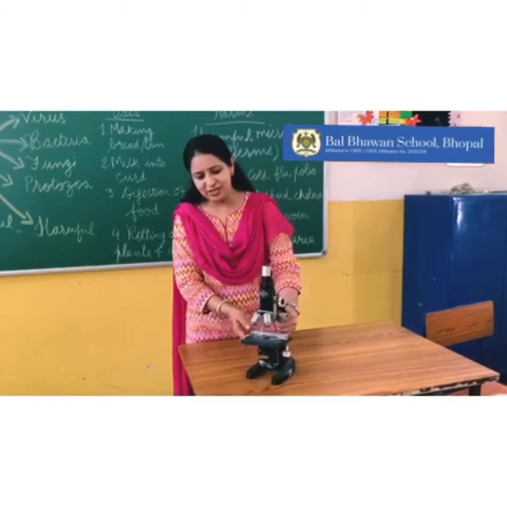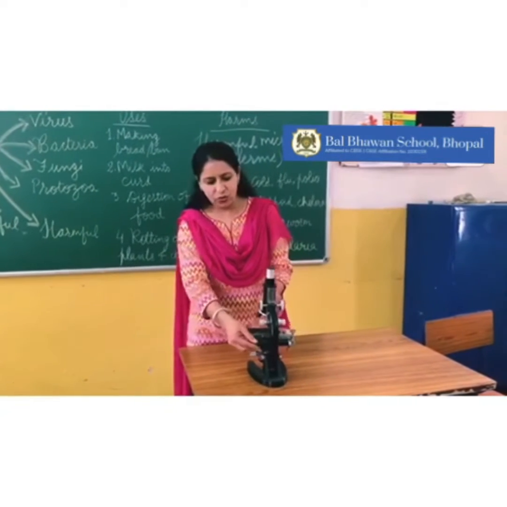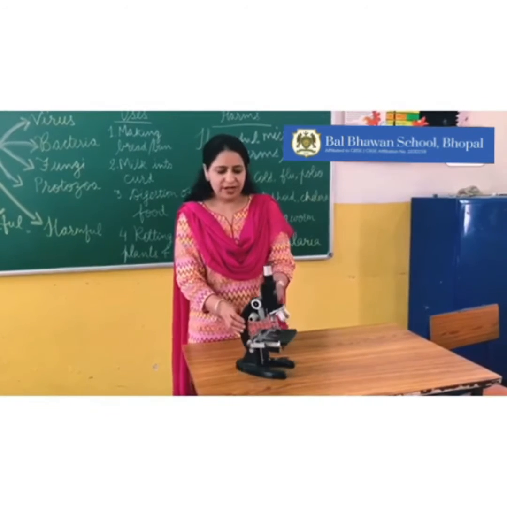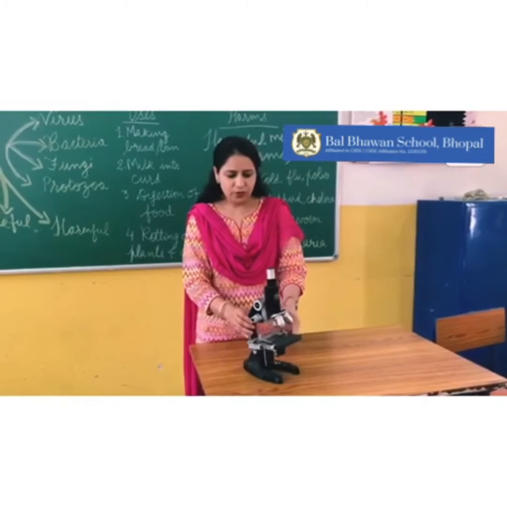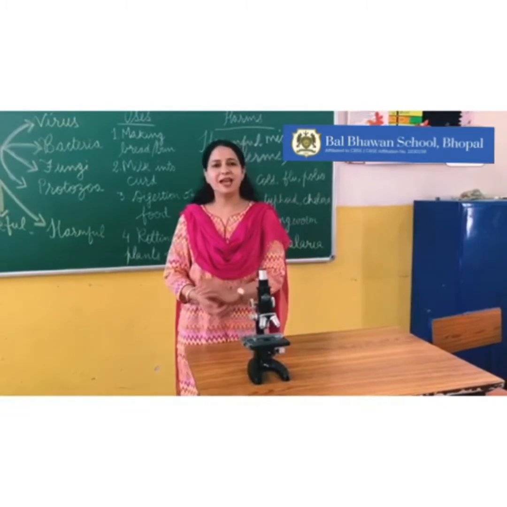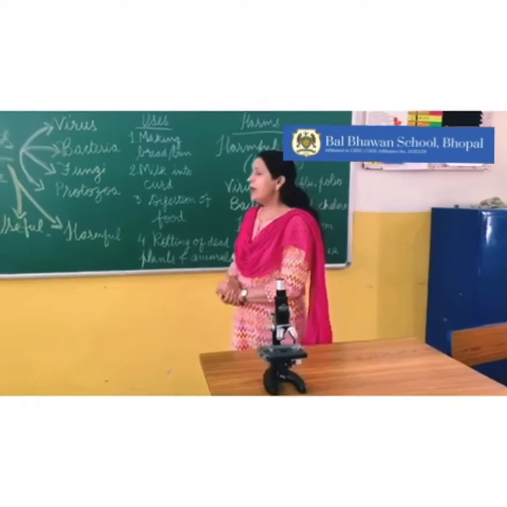So this is the instrument which is a microscope. See, it has a handle also and the lenses, and there are these adjusting clips also. So all these things are there in the microscope which helps us to see the tiny creatures which are called microorganisms.